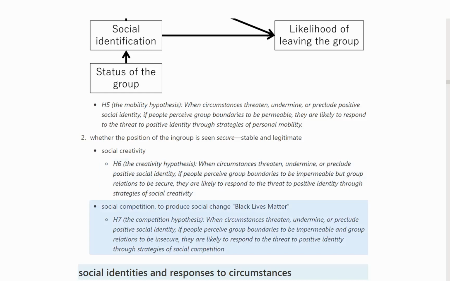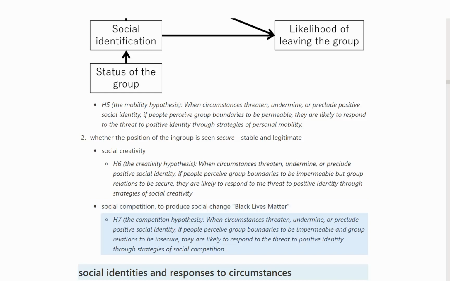But when the position of the in-group is not secure, or unstable and illegitimate, then people use the strategy of social competition to produce social change. So I guess you can think about Black Lives Matter demonstrations as an example.